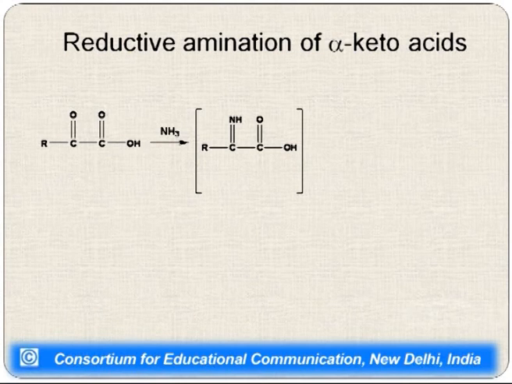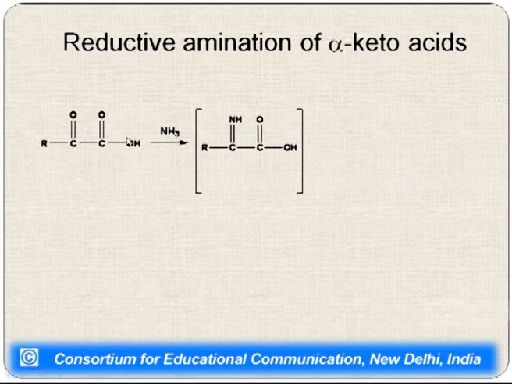In this case, G is hydrogen, so NH2G is ammonia, and we get C double bond NH. But C double bond NG compounds are stable only when the groups attached as G are not hydrogen. So I have put this in square brackets because this intermediate is not very stable.